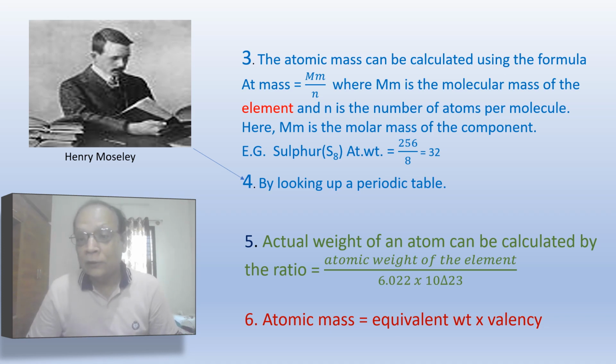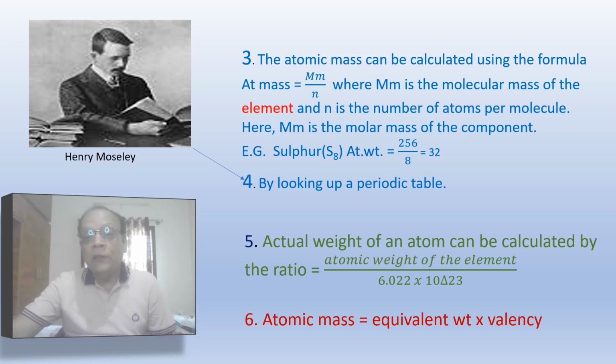But if a numerical is based on this, then these things may not be there. So you have to use the formulas which we have dealt with in the previous slides: Dulong-Petit's method, or calculation from abundances of different isotopes of an element.